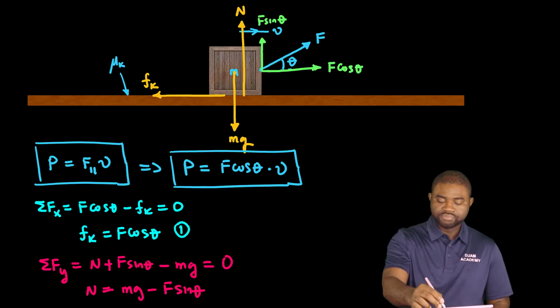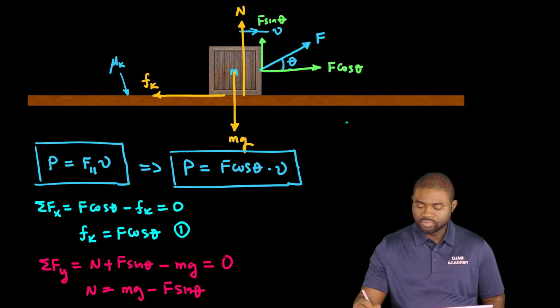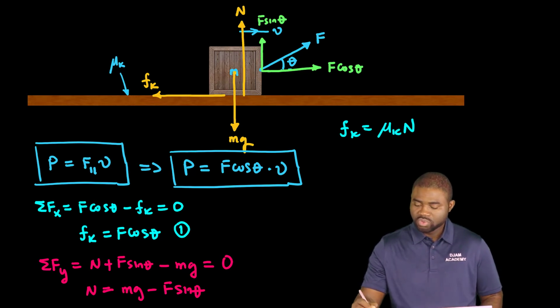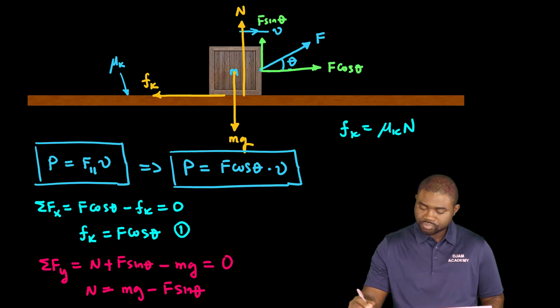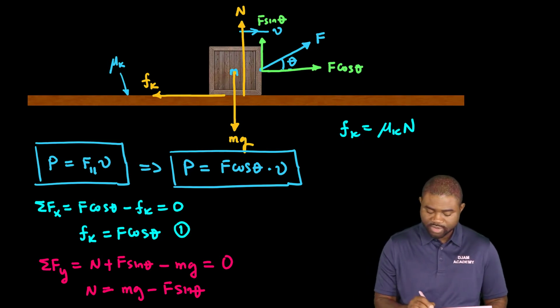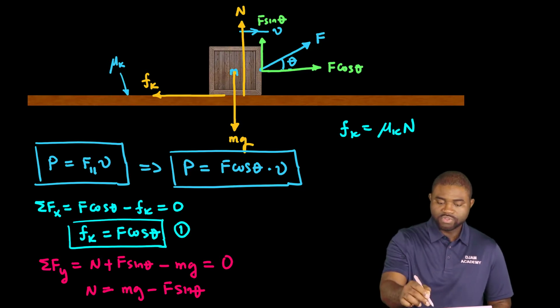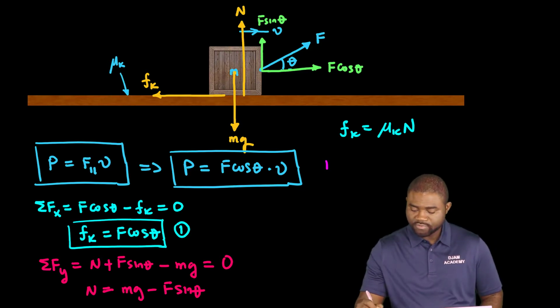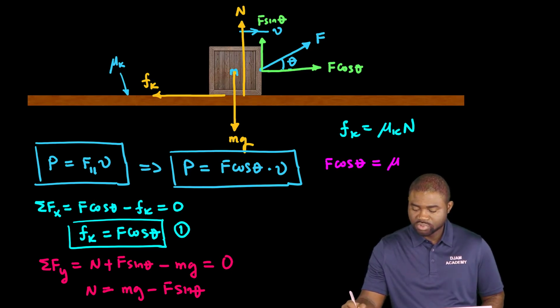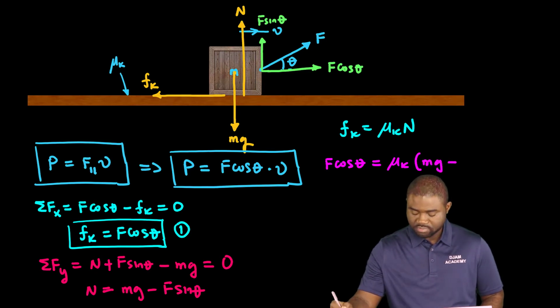By definition, f_k is equal to mu_k multiplied by N. Remember, f_k is equal to F cosine theta. So this would imply that F cosine theta is equal to mu_k multiplied by N, which is mg minus F sine theta.